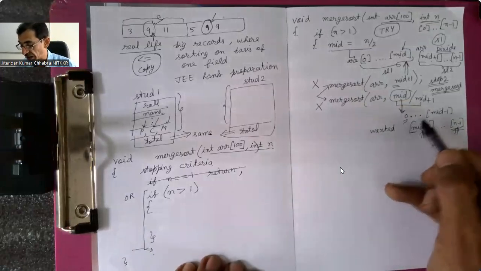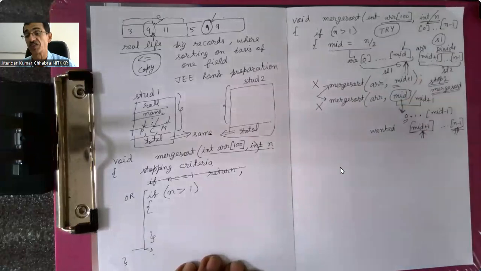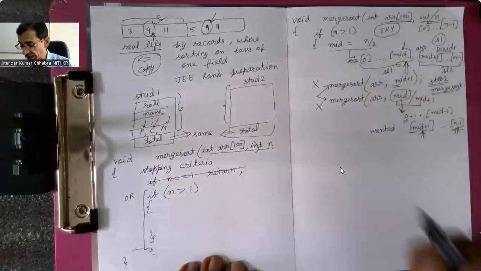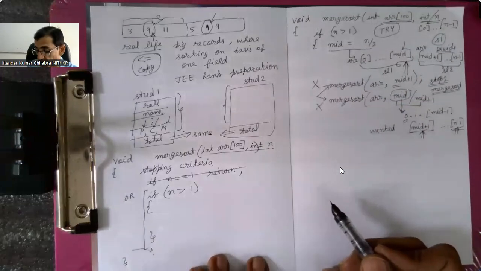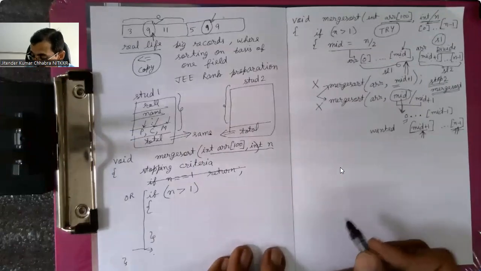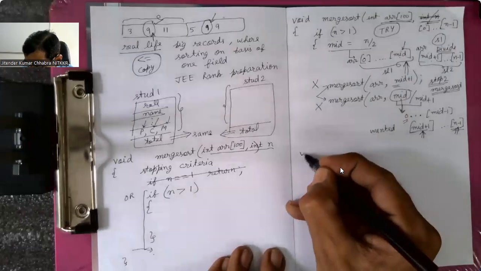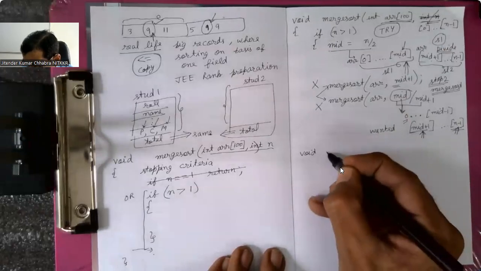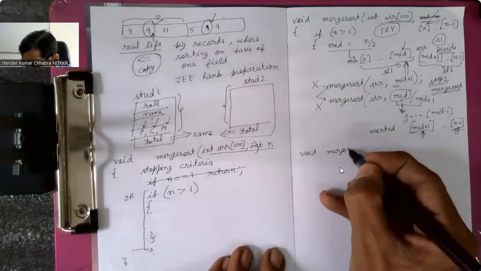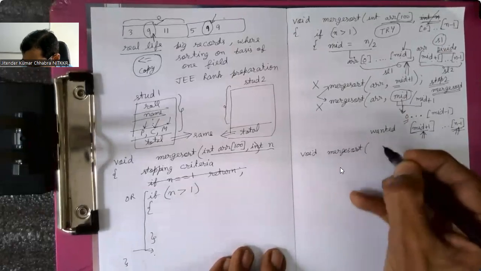By default, starting point always assumed was a 0, and in a recursive call, starting point could be different than 0. That means supplying here n was not sufficient. So that straight away tells me that now my merge sort parameters will change.